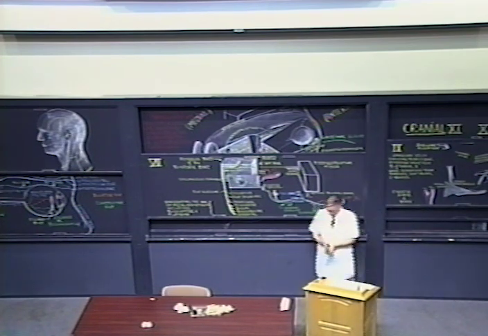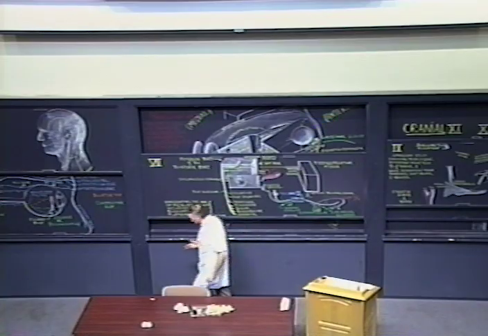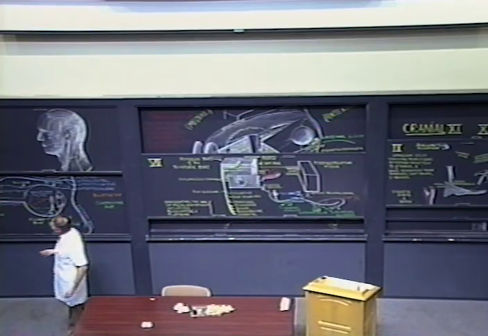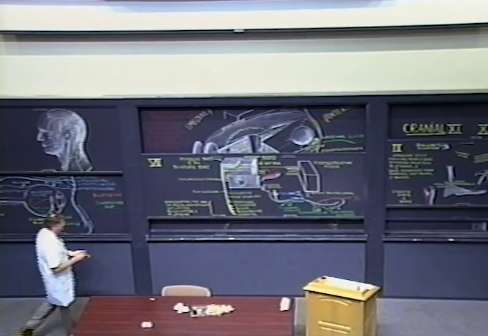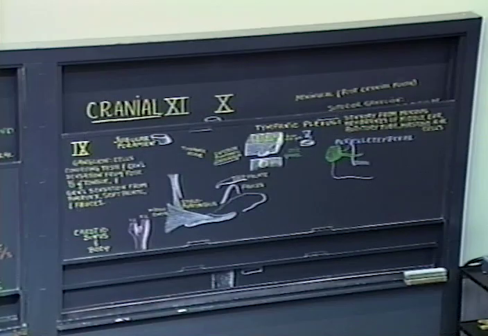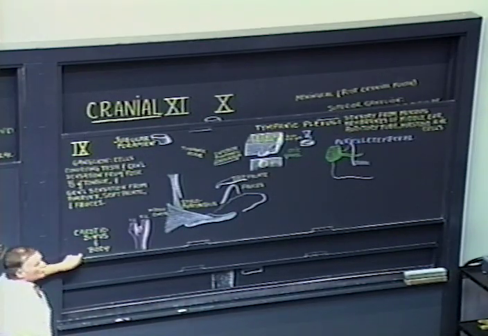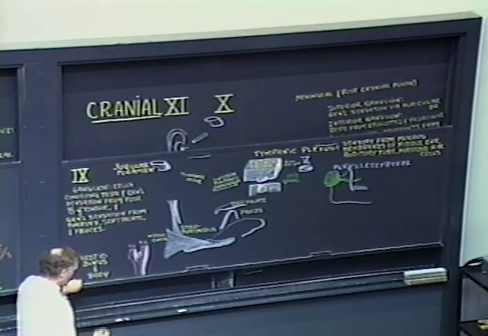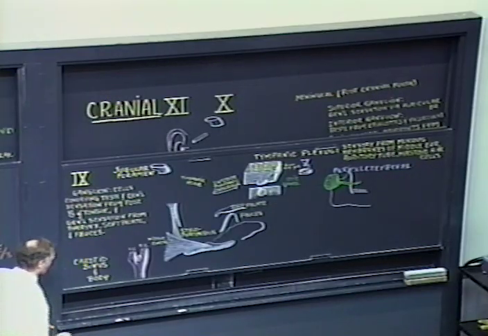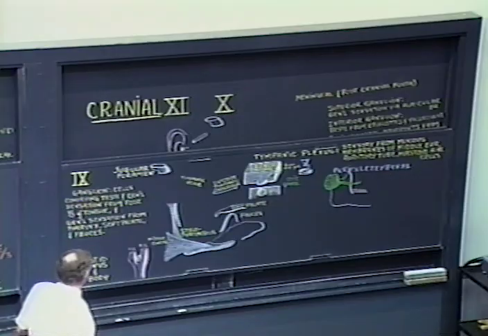Nine, you will recall, exits the jugular foramen along with 10 and cranial 11.